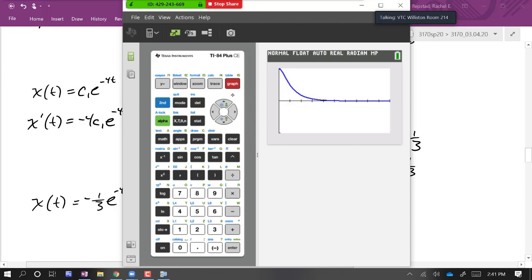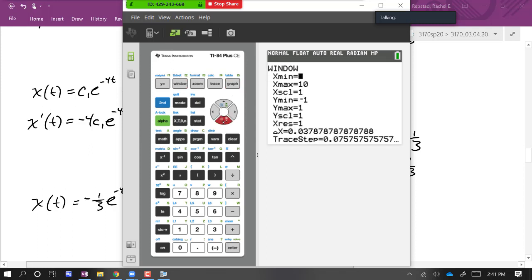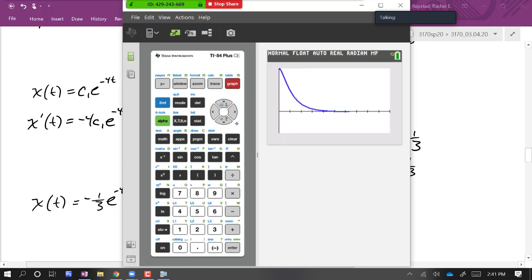It doesn't really dip below it at all. This is an overdamped system. There's maybe a slightly nicer window to look at it.